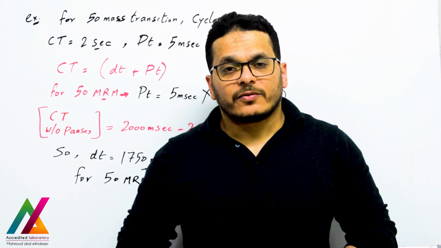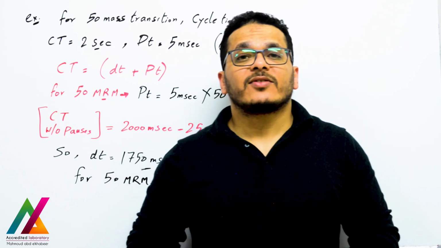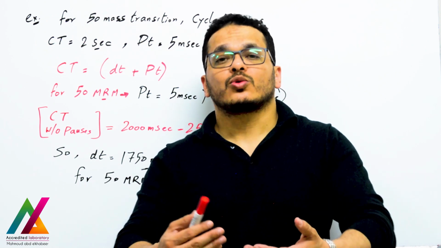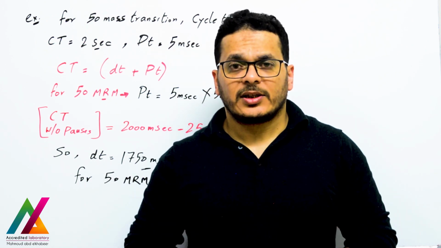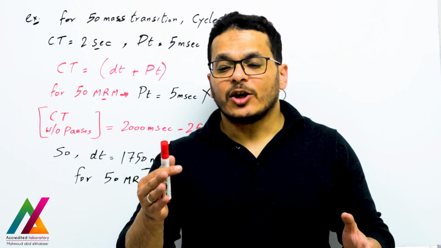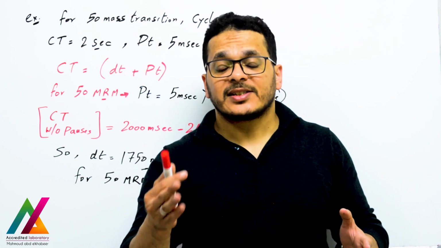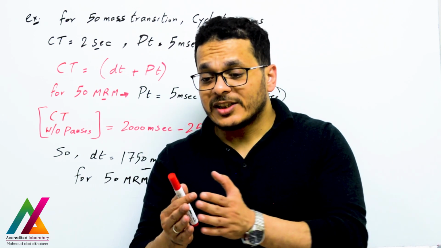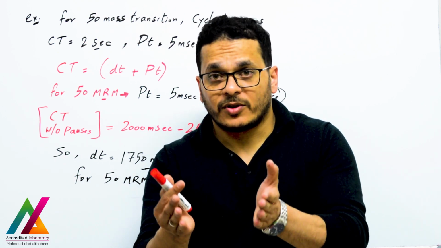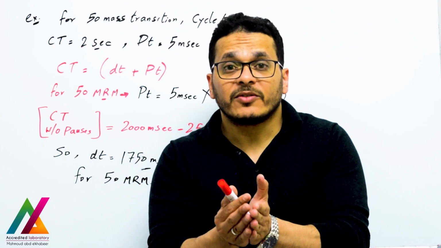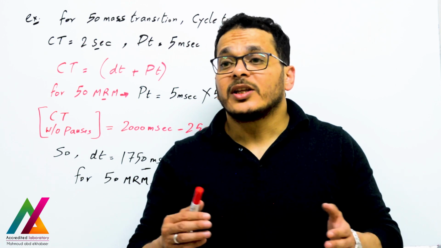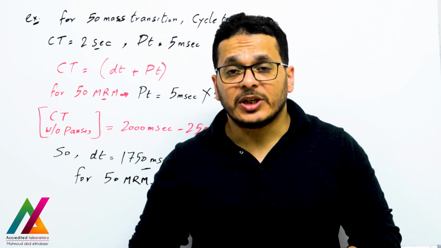That was the end of our lecture for today. In these two lectures, I have explained the acquisition method and different parameters in the acquisition method, and you can find other parameters also, but you should know that when you build your acquisition method, you should change these parameters to get the optimum results, to get better sensitivity, better signal to noise ratio, to get your precursor ions, and also you will change collision energy, declustering potential, whatever other parameters that we explained in the previous lecture, to get your product ions, to get a sharp peak.